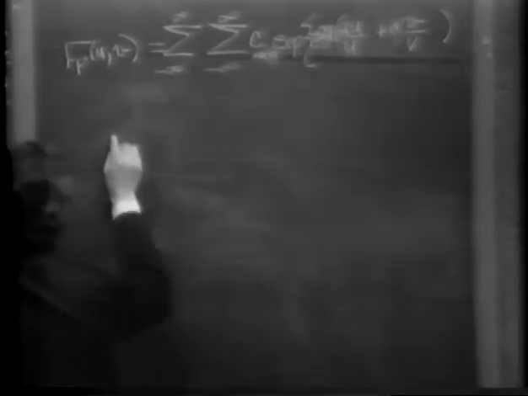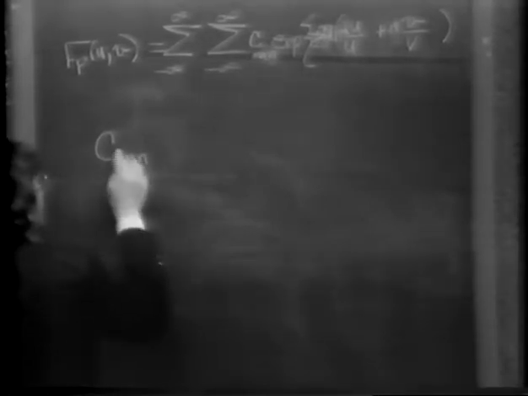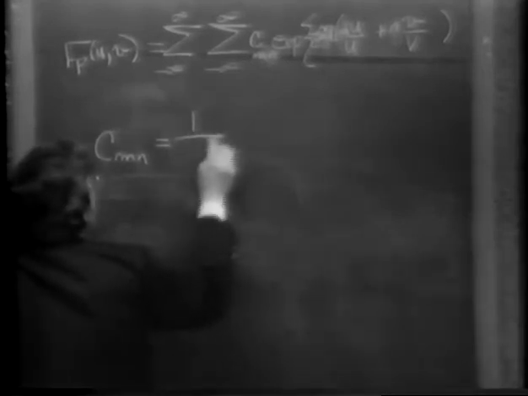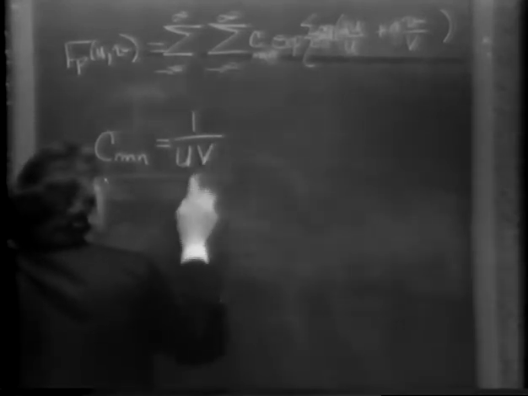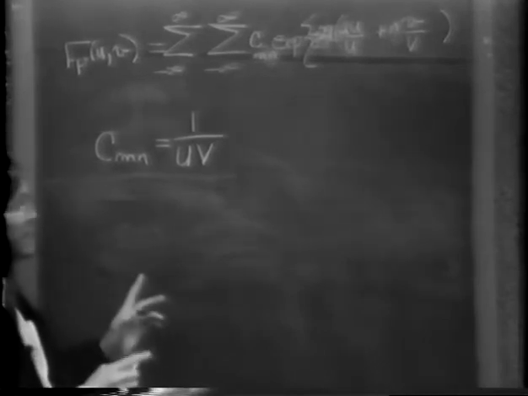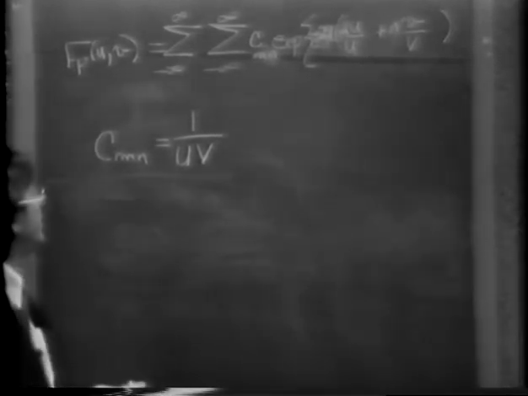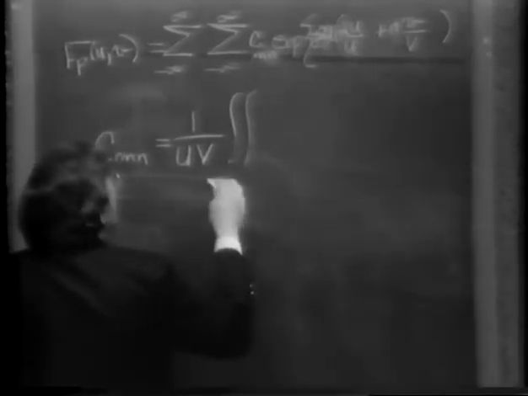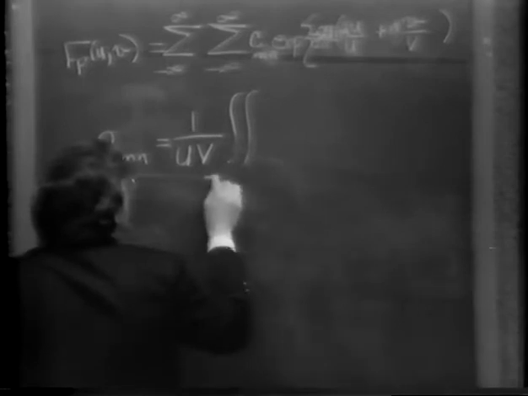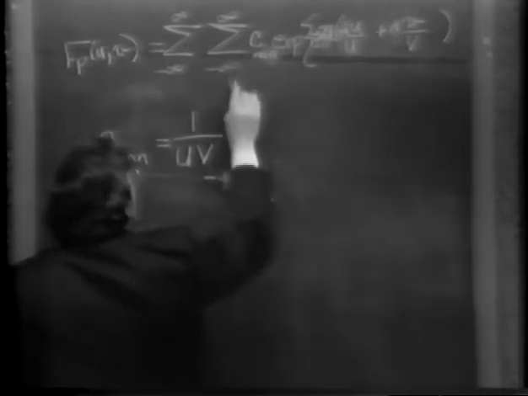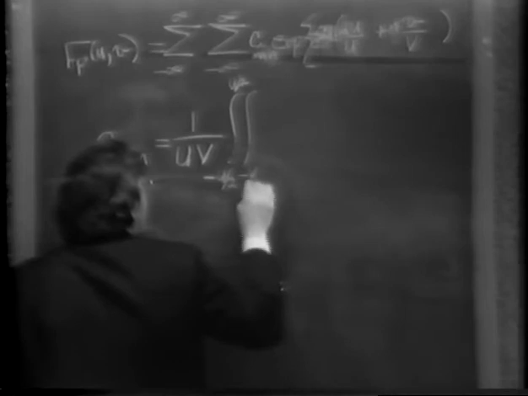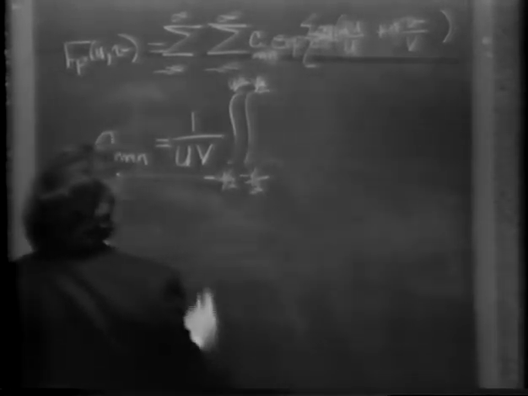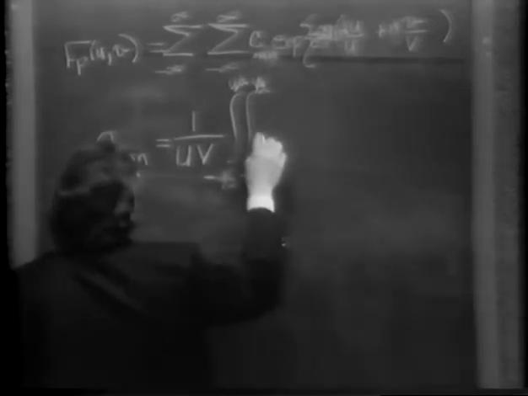All we would have to do is compute the C sub mn by 1 over our total period, which in the two-dimensional case is the product of U and V, and an integral over that fundamental replica of our original function.